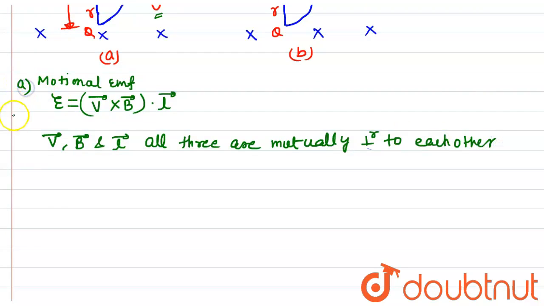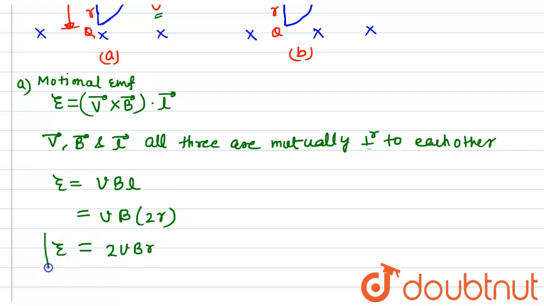If all three are mutually perpendicular, then V cross B dot L can be written as VBL, and we have V as V, B as B, but L can be replaced by 2r. So the EMF developed between the ends of the diameter will be 2VBr, and this is the first answer of this problem.